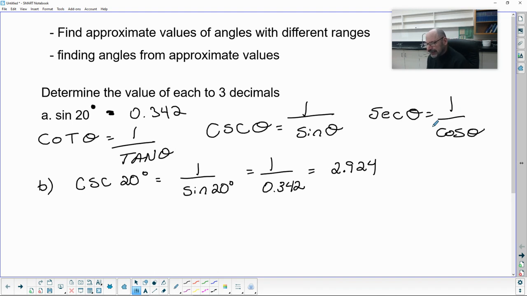That's the easy part: using the calculator to find the decimal value of a sine, a cosine, a tangent, or a cosecant, a secant, or a cotangent. The more difficult part is, what if you're given the value of the cosecant or the sine, and you have to find out what the angle is?